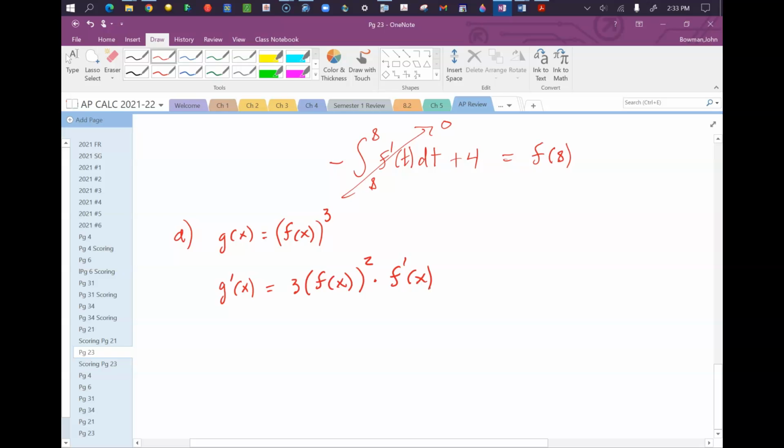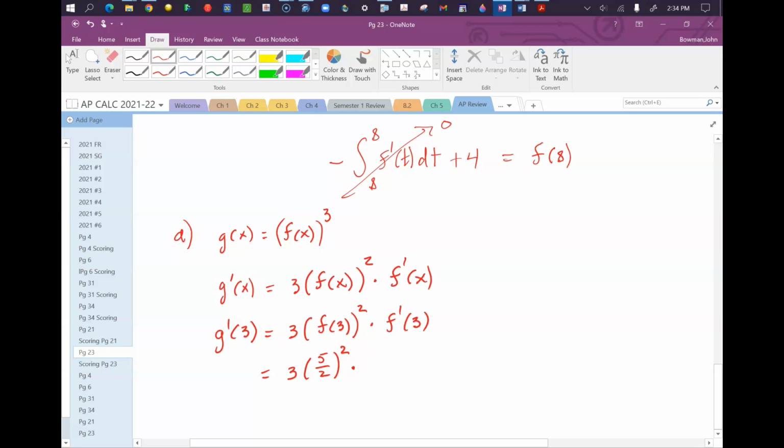Basically, we're using the chain rule here. So g prime of 3, the slope of the tangent line to g at x equals 3, is 3 times f of 3, quantity squared, times f prime of 3, which is equal to 3 times f of 3 is given as negative 5 halves. We're going to square that, times f prime of 3.